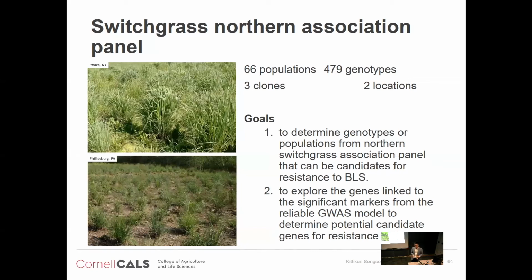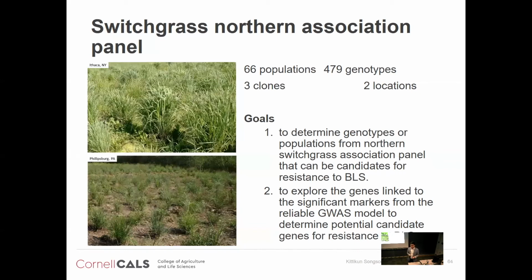With the 66 populations and 479 genotypes, the goal was to screen to identify the best candidates for resistance out of this population.